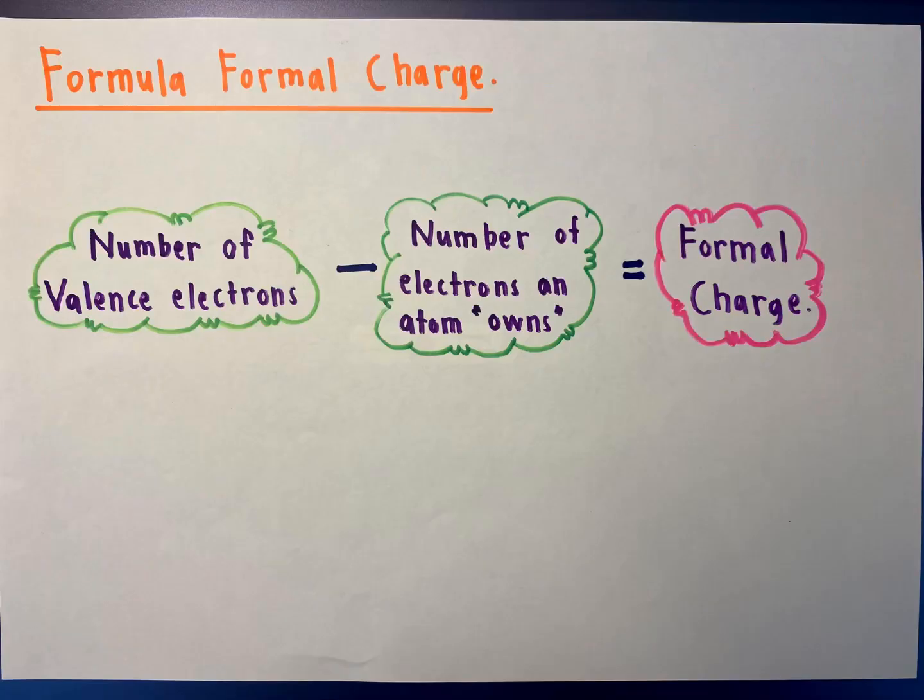What is formal charge? Formal charge is the charge assigned to an individual atom in a Lewis structure, used to determine the best Lewis structure. This is the formula that we use to calculate the formal charge.